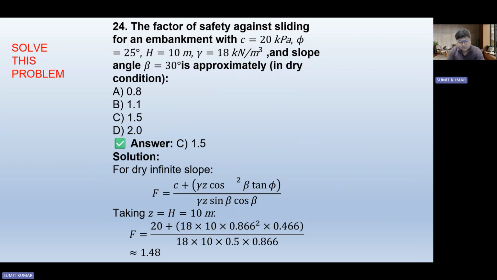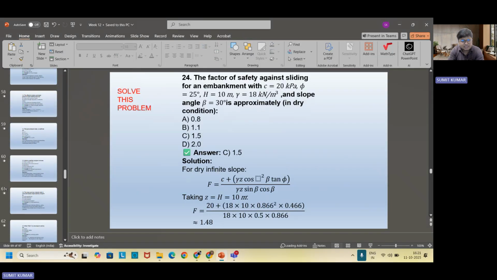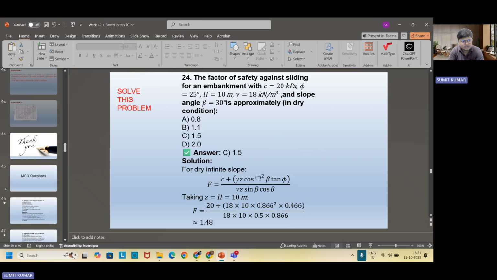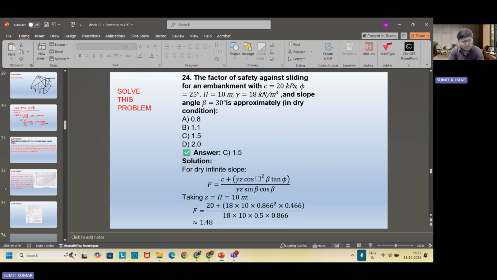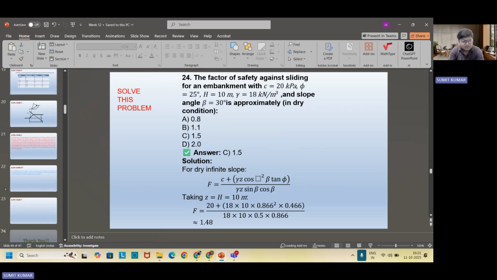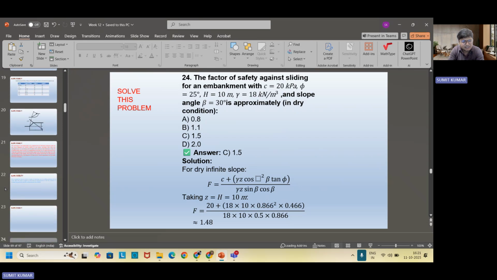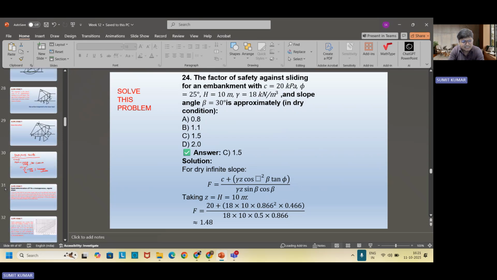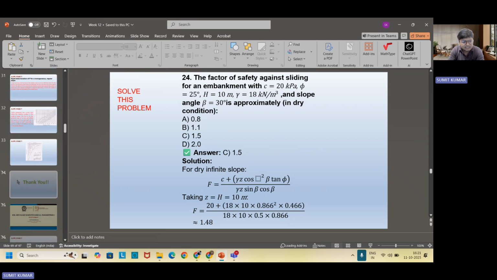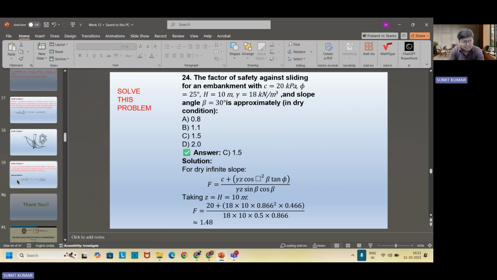So when we use those and calculate the factor of safety using that correlation only, the factor of safety comes out to be 1.48. Okay, so before coming to this question, we are discussing some of the formulas and correlations. Let's move over there. Then we will come to this slide.